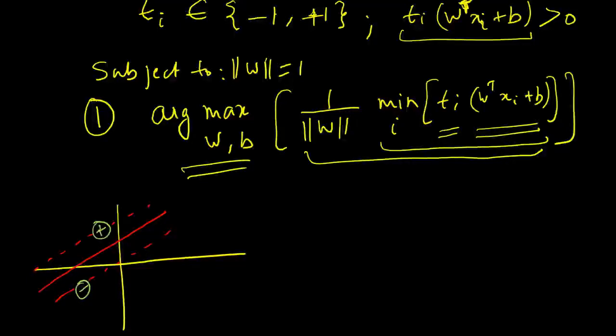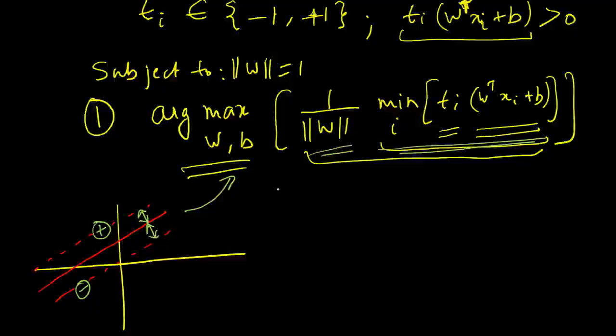Okay. So here I need to maximize this margin. Okay, that is basically what this particular optimization is doing. What is this margin? Basically, first I'm taking the minimum distance, minimum signed distance, and then I'm normalizing, and then I'm trying to maximize that.